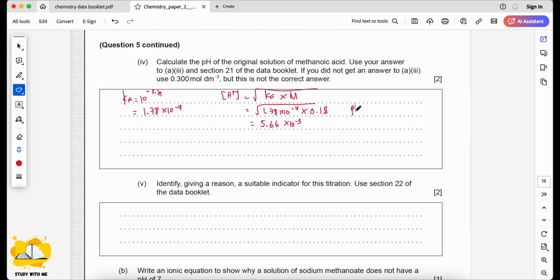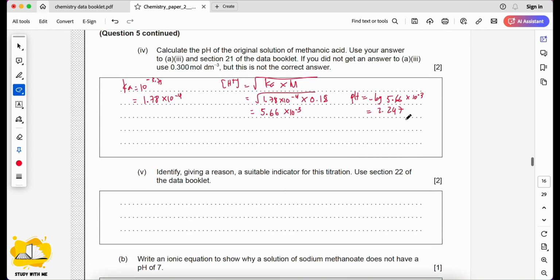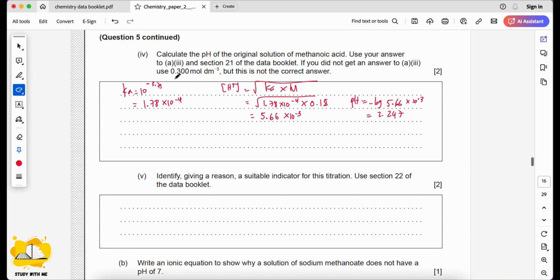And pH will be negative log of 5.66 times 10 to the power negative 3, which is 2.247. So 0.18 is coming from this concentration. If you don't get it, you can use 0.3.